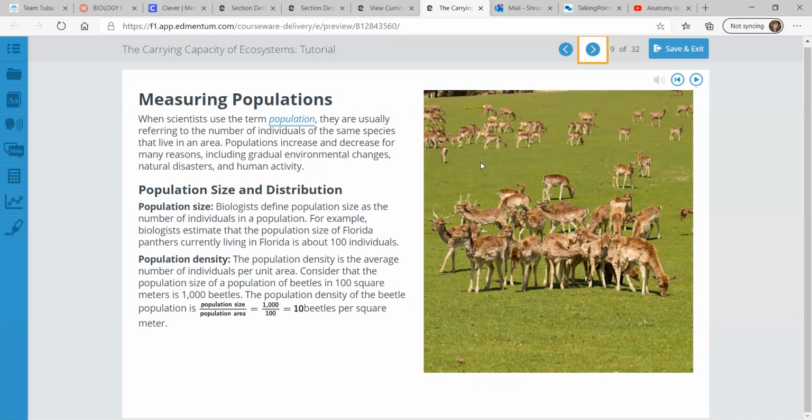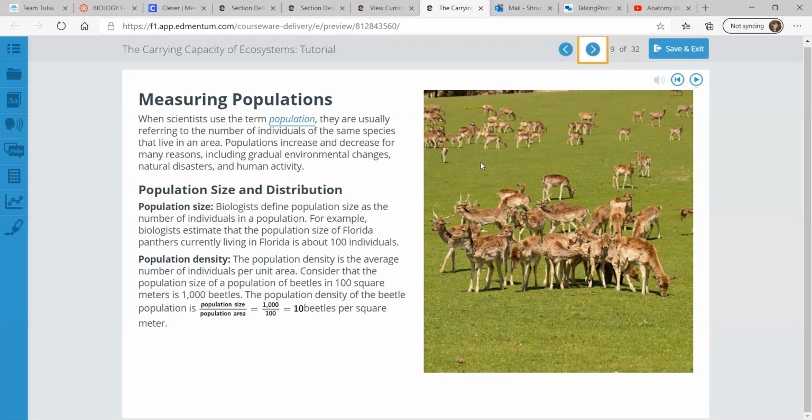Like humans in the United States, there are a lot of people in certain areas, and then in other more rural areas, only a few people really live there per square mile. So it's not the same across every area.